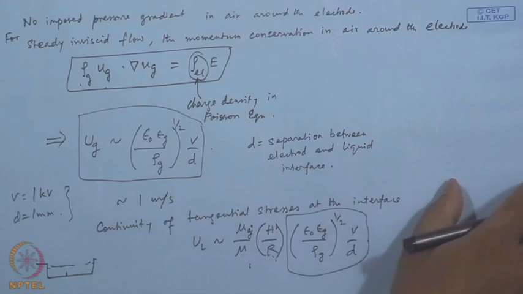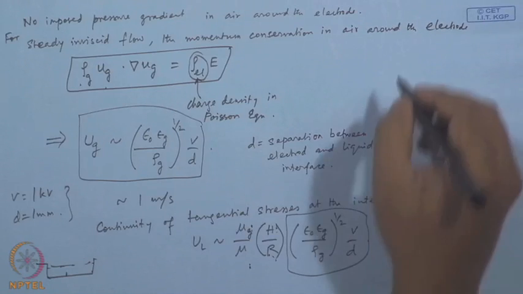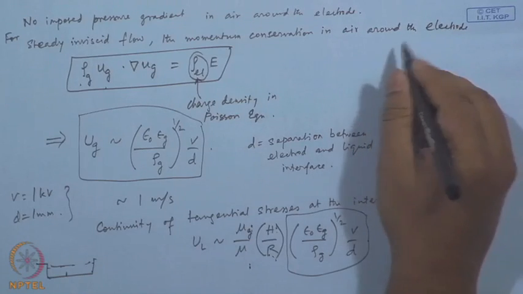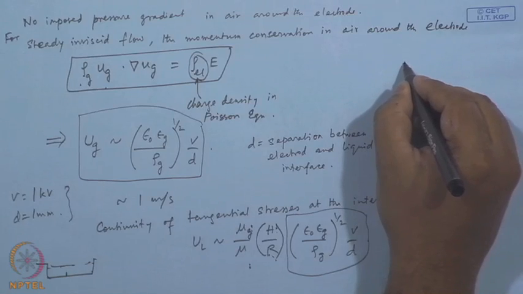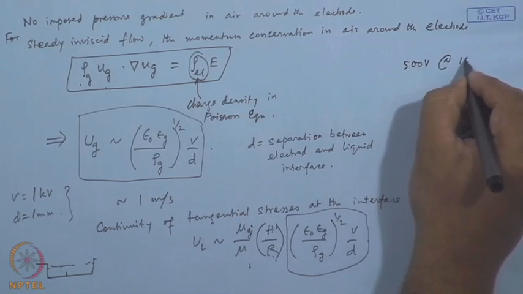So, the minimum voltage required typically, I mean for this entire analysis we did not consider the AC field etc., but typically if somebody works with the AC field, the minimum voltage required would be about 500 volt at 150 kilohertz.